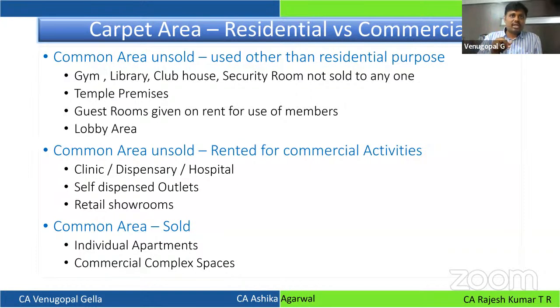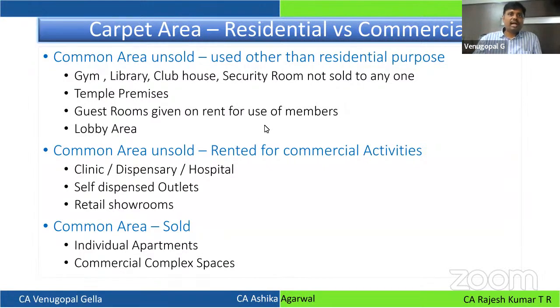Even though it is not a residential area, for the purpose of your computation, all that you would be looking at is the carpet area which is given to the tenants, carpet area which is sold as commercial. Now, when I sum up the carpet areas, it will definitely not match the whole of the area because there is a common area.